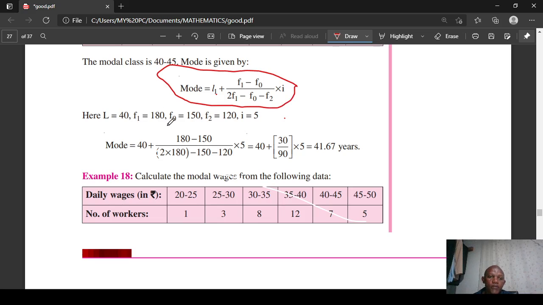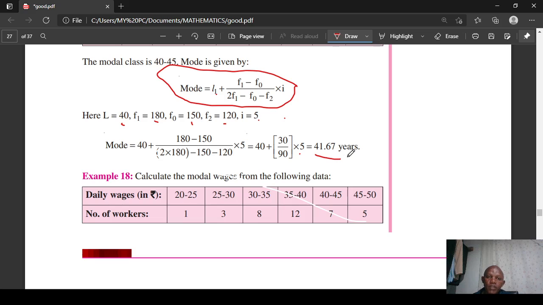We said it was 40 to 45, and so the lower class boundary is 40. The frequency F1 is 180, F naught is 150, F2 is 120, and I is 5. So you simply substitute: 2 times 180 minus 150 minus 120, times 5. If you compute that, the numerator is 30. The denominator is 360 minus 150 minus 120, which is 90. Then you multiply by 5, and the answer will be 41.67 years.